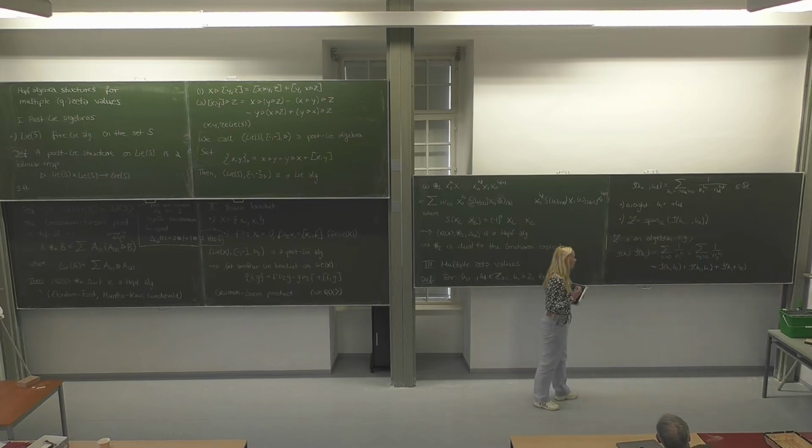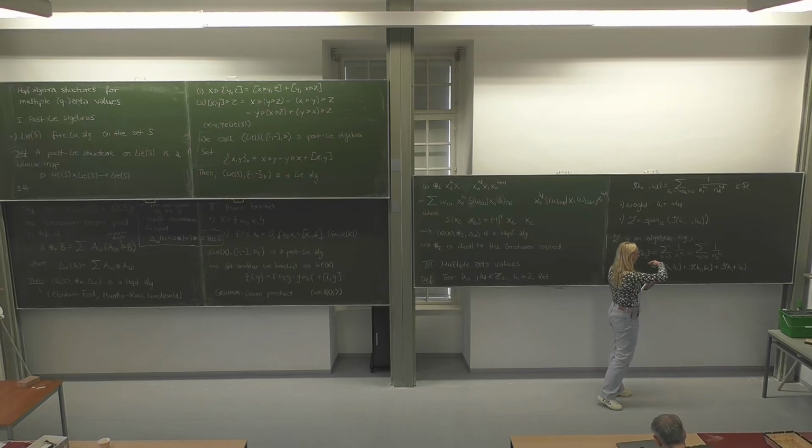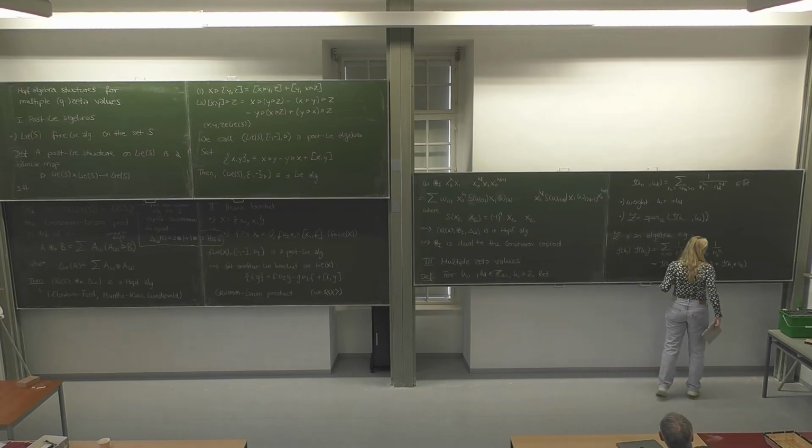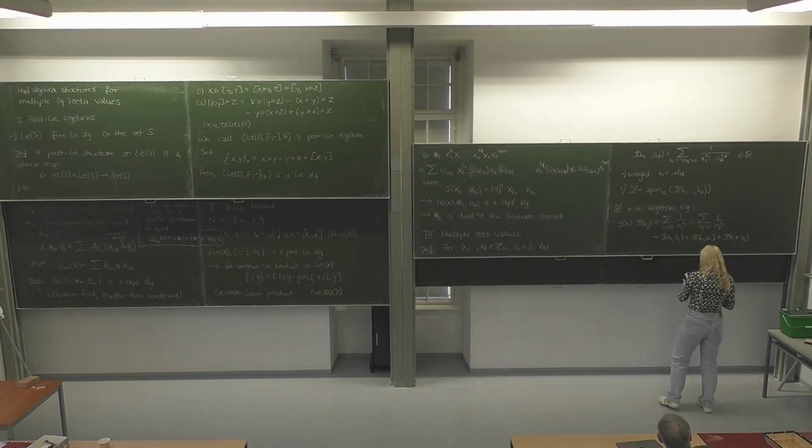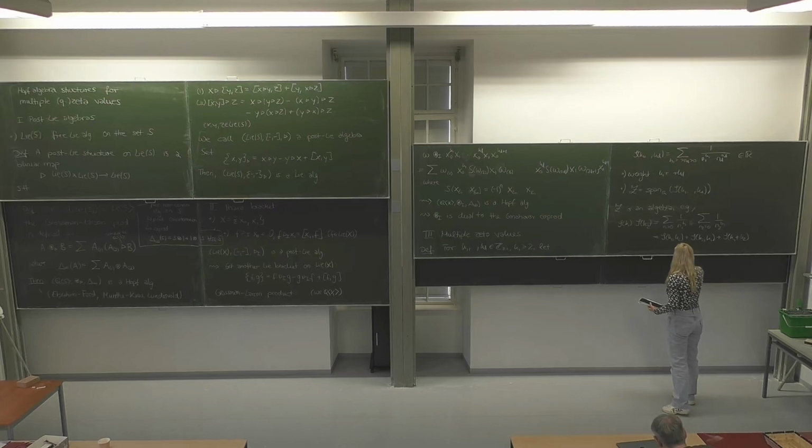And this is really everything you need to know about this product, because you can do the exact same thing when you have two multiple zeta values. You just have to go through all orderings, how you can order these two indices into each other, such that each order is preserved. And this is what I want to call the stuffle product.